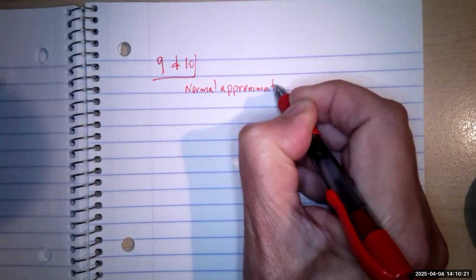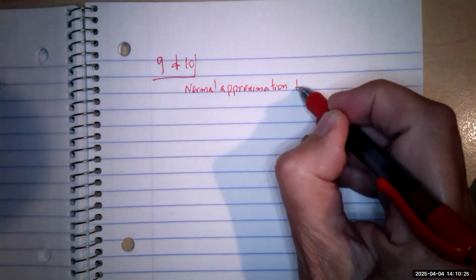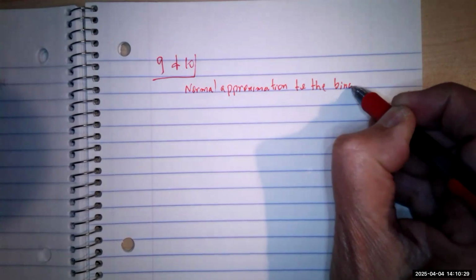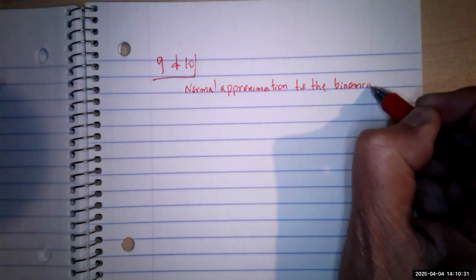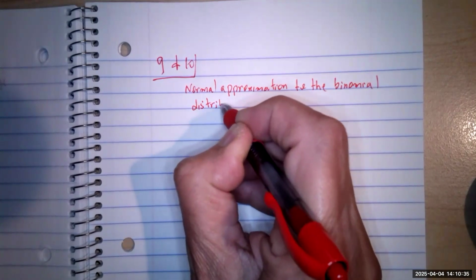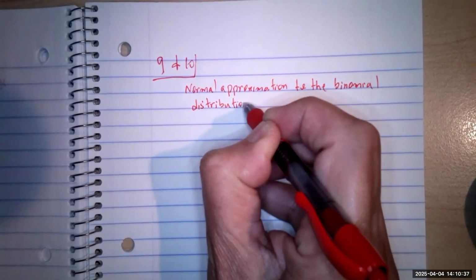And you have to do something first yourself. Normal approximation to the binomial distribution. This is part of estimation that we do in chapters 7, 8, and 9. So normal approximation to the binomial. So what is this type of problem? A binomial situation would be given like this one.